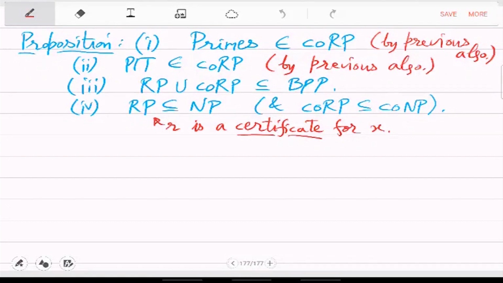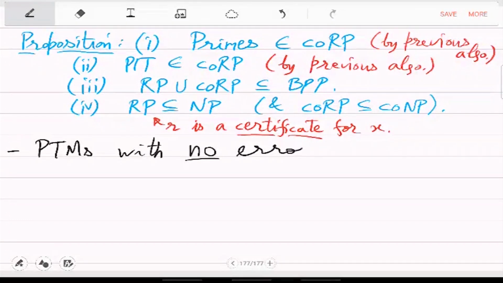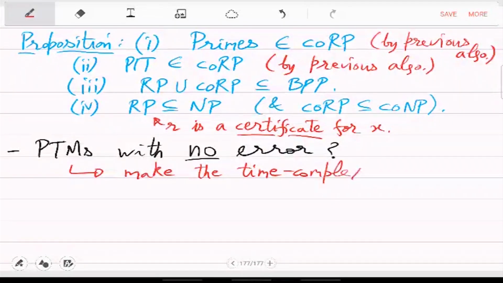Can we use a PTM with no error? Are there PTMs with no error? Yes, there is a way to define this and still not be completely deterministic. We can do this by making the time complexity a random variable.